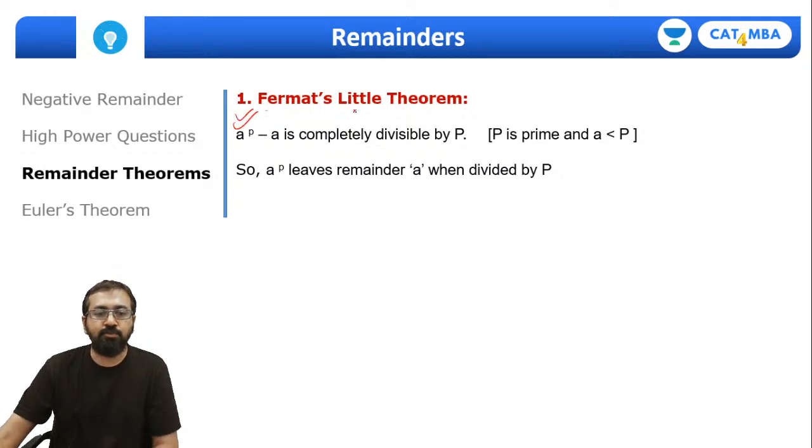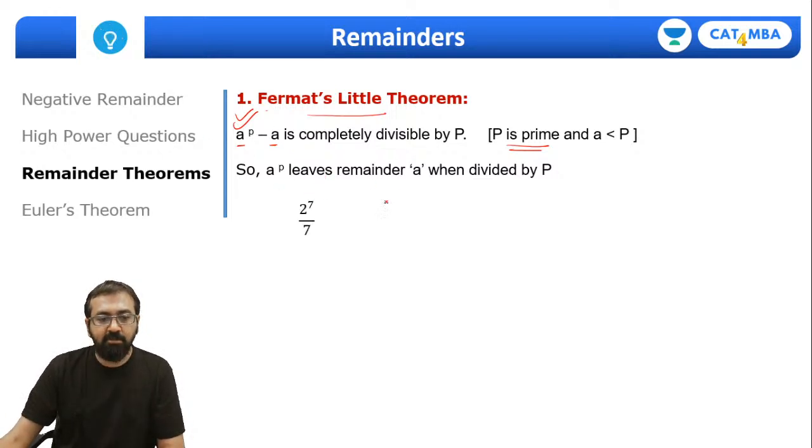The first theorem is Fermat's little theorem for remainder. It says that any number a raised to p power, where p is a prime number, minus a, will always be divisible by p. Let me take one example.